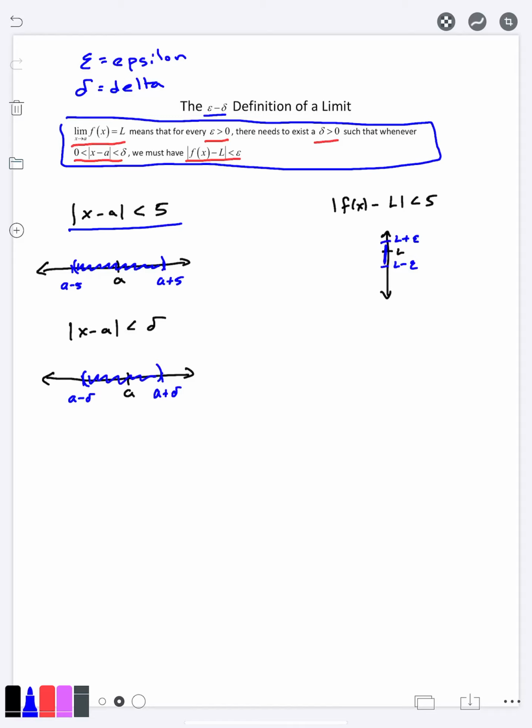I'm sorry, I said 5 there, but it's going to be epsilon. So again, here we're less by a value epsilon. We look at our y-axis, we look at L, we go up by epsilon and down by epsilon. And there we go.